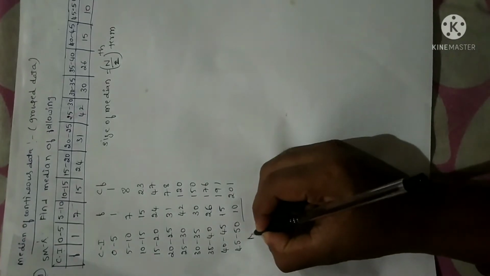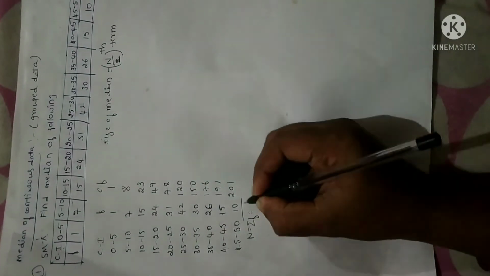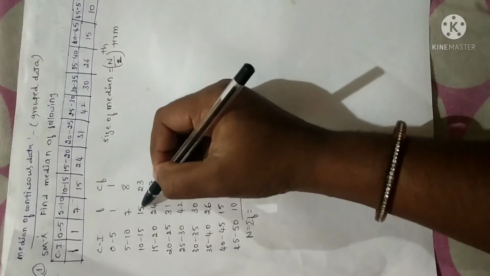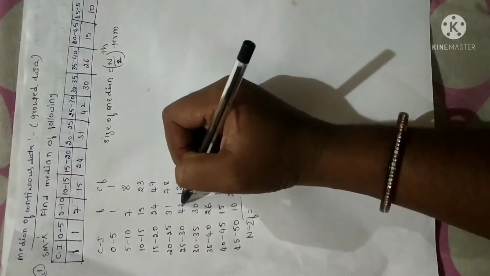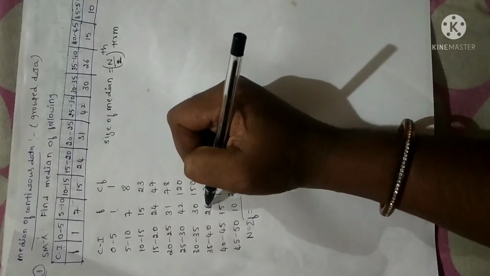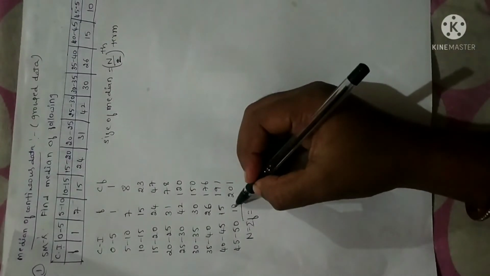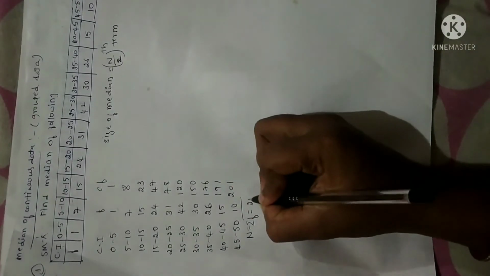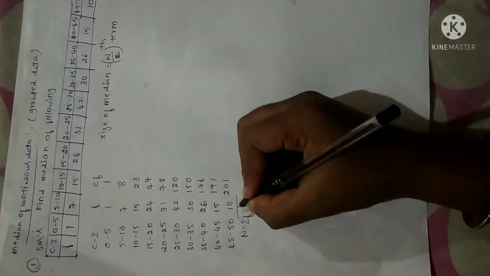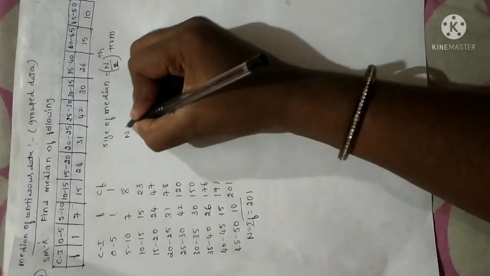So n is equal to summation f. I have to add all these values: 1 plus 7 plus 15 plus 24 plus 31 plus 42 plus 30 plus 26 plus 15 plus 10. That gives us 201. So n value is 201.